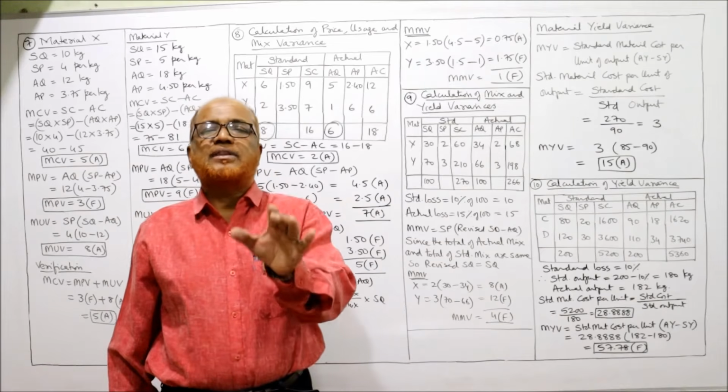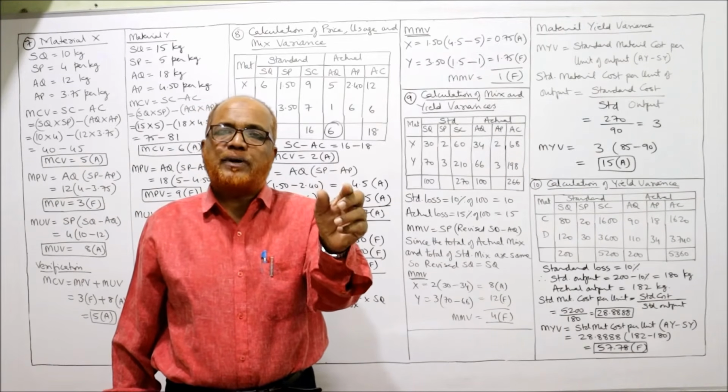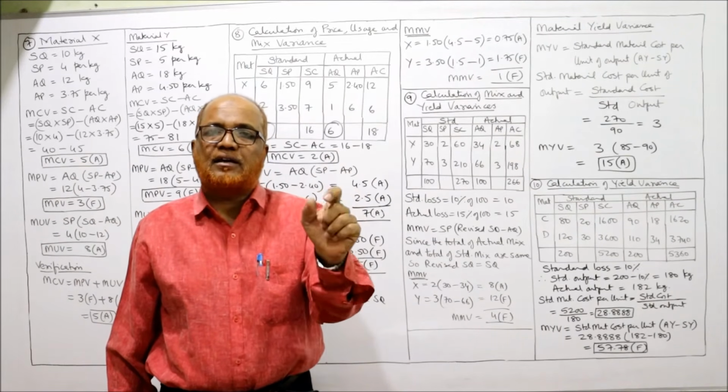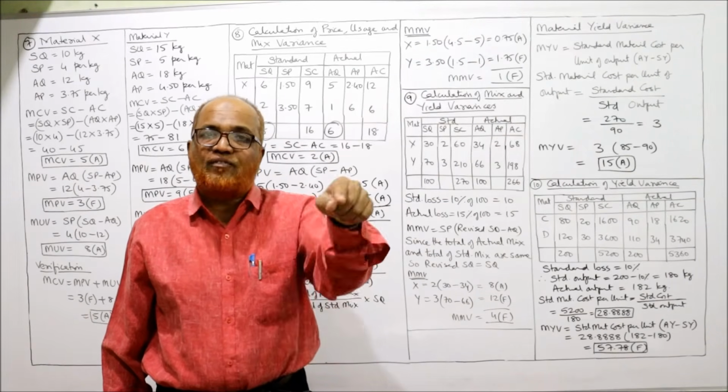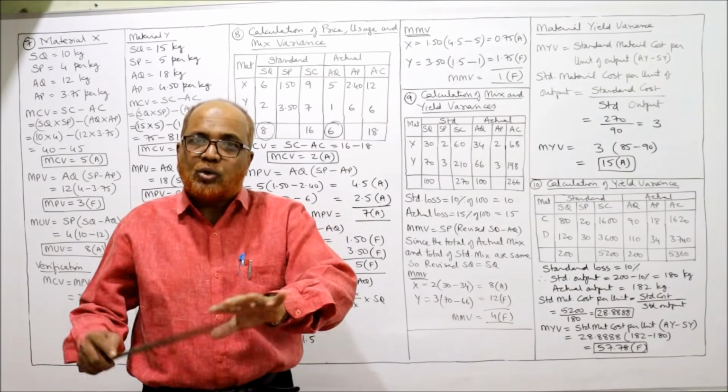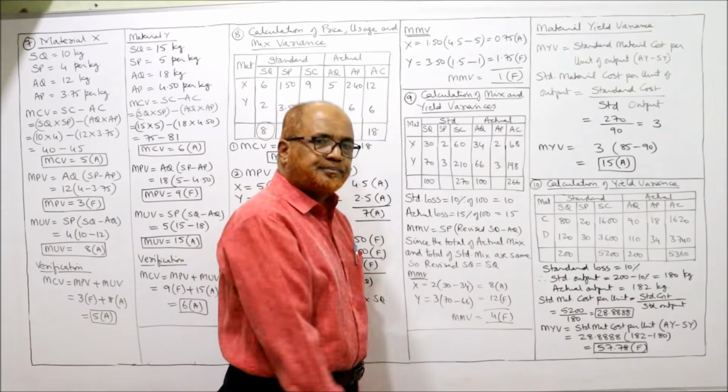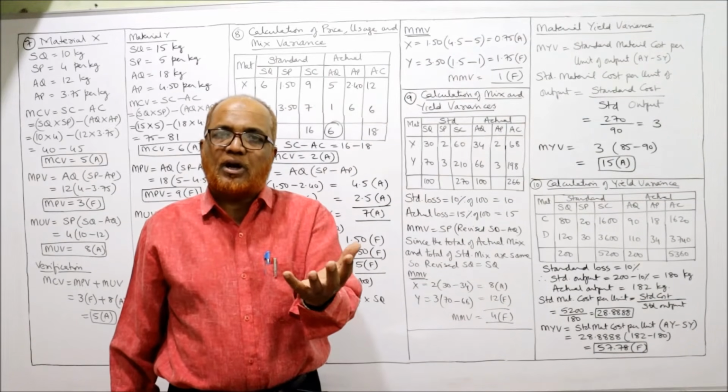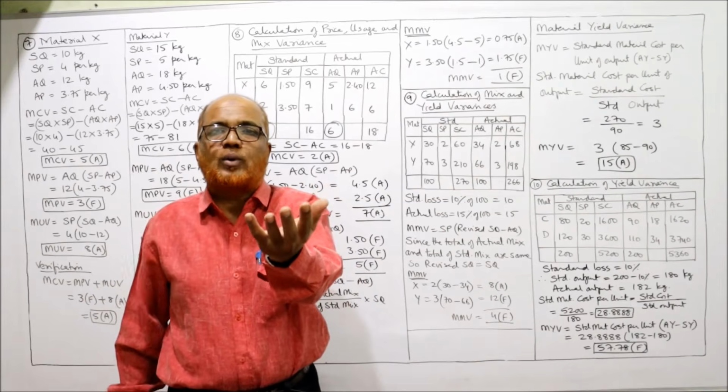Now it is given in the problem, the standard is 40% of input should be C and 60% of input should be D. The total input combined of C and D is 200 kilograms.